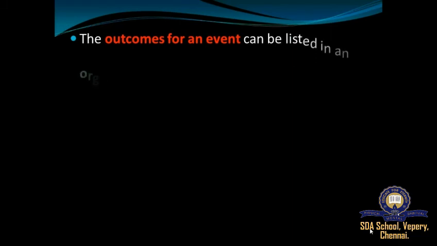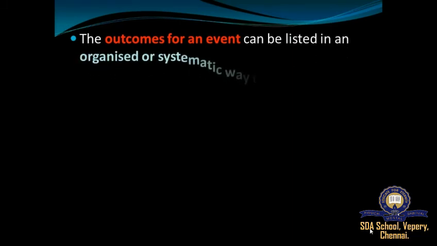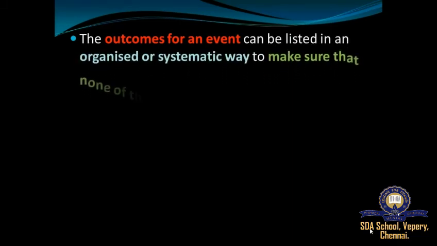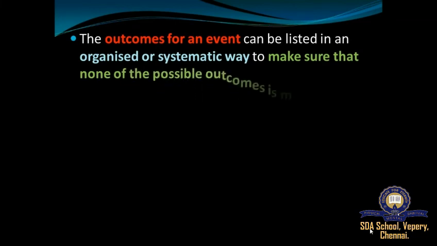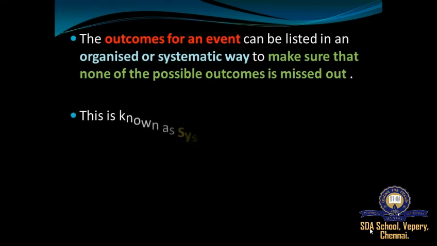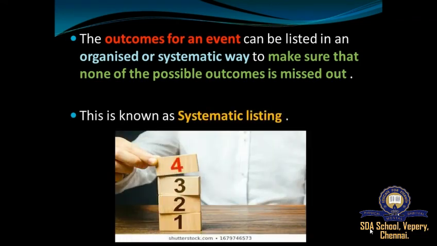So the outcomes for an event can be listed in an organized or systematic way to make sure that none of the possible outcomes is missed out. So this is known as systematic listing. Okay, so what is systematic listing? The outcomes for an event can be listed in an organized or systematic way to make sure that none of the possible outcomes are missed out. Okay, so this is systematic listing.